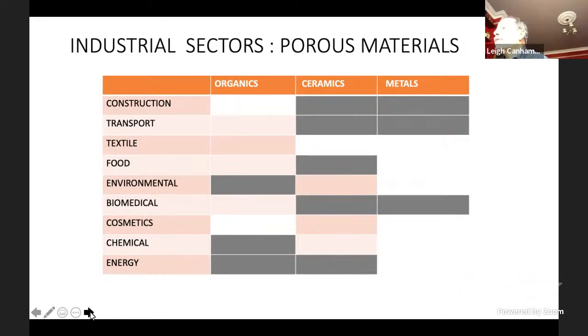But they have very different mechanical properties, and there are some applications where porous organics just fail mechanically, could not do the job, whereas ceramic or metallic structures could. So whether they're used a lot is a combination of the properties combined with scale up, combined with cost.